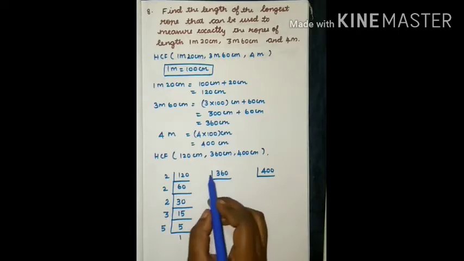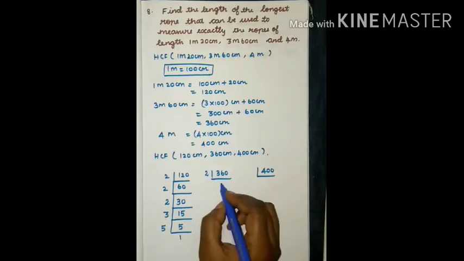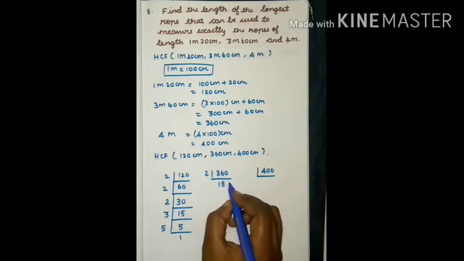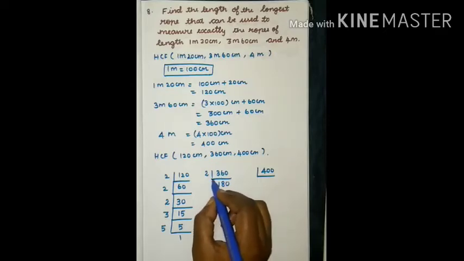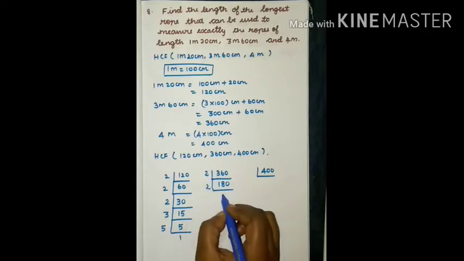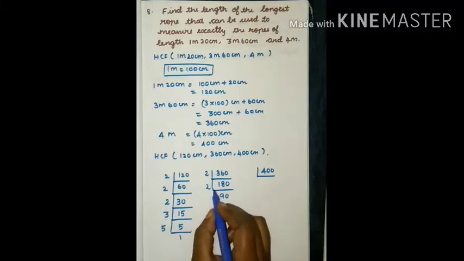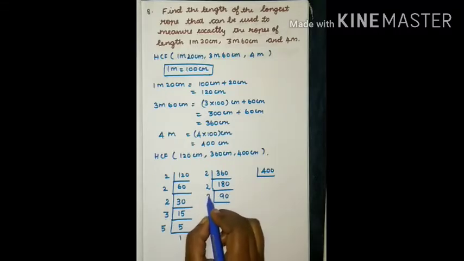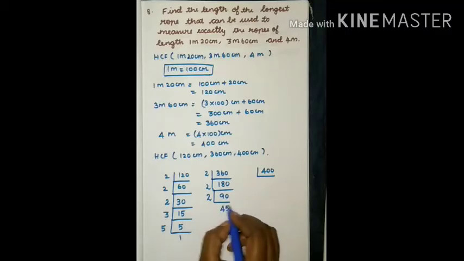Here 360 is an even number, so it is divisible by 2. 2 180s are 360. 180 is an even number, so it is divisible by 2. 2 90s are 180. Again 90 is an even number, so it is divisible by 2. 2 45s are 90. 45 is an odd number, so it is not divisible by 2.